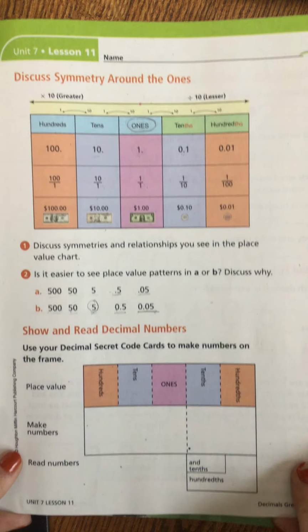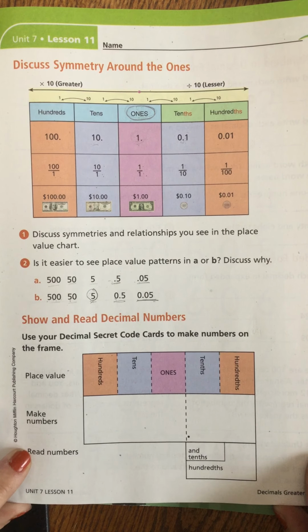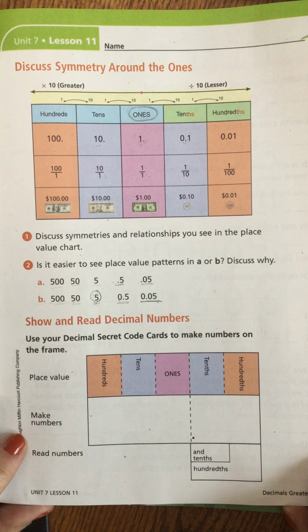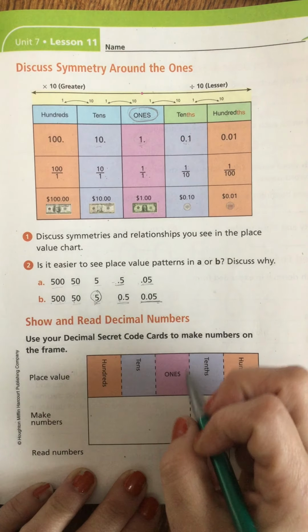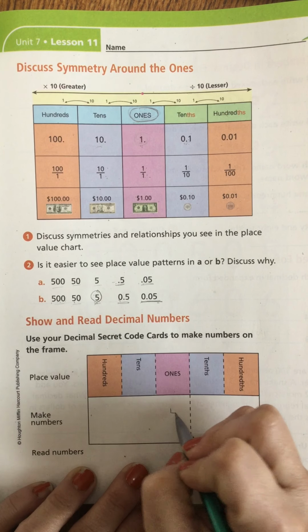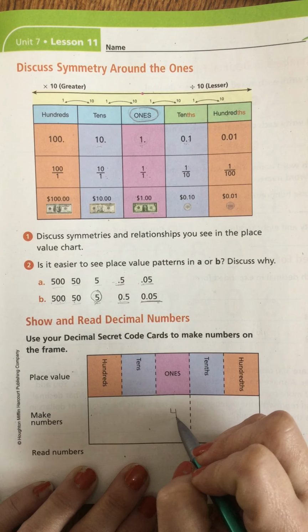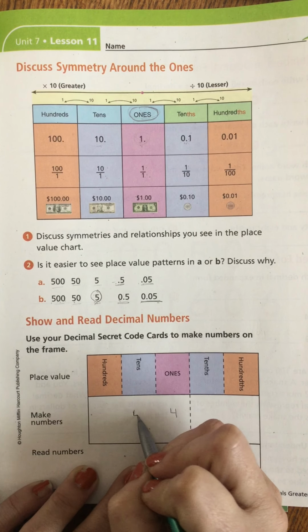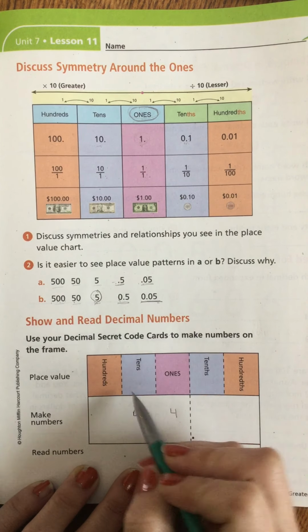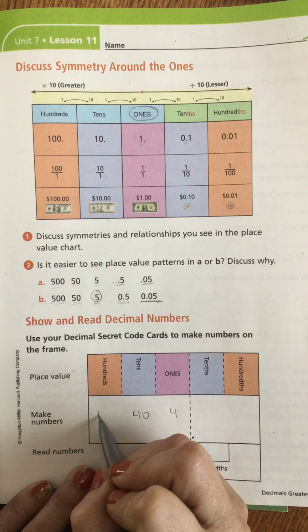Now the next one says show and read decimal numbers. So if I put a 4 here, I'm going to have to multiply that by 10, so it would be 40. And I'd multiply it by 100, it'd be 400.